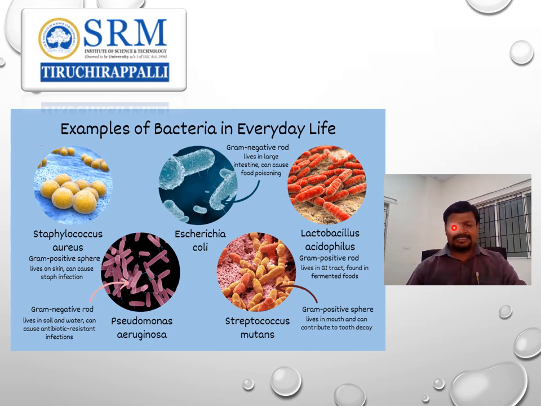Another is Lactobacillus acidophilus, a gram-positive rod living in the gastrointestinal tract, found in fermented foods. Another is Streptococcus mutans, gram-positive, living in the mouth. Another is Pseudomonas aeruginosa, a gram-negative rod living in soil and water, can cause antibiotic resistant infections. These are a few examples of gram-positive and gram-negative bacteria.